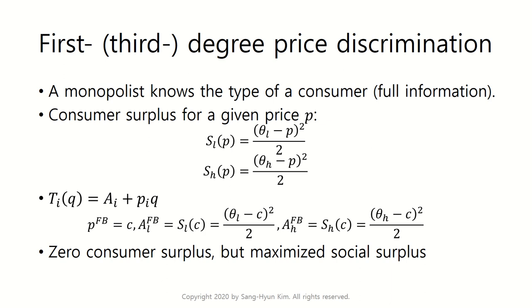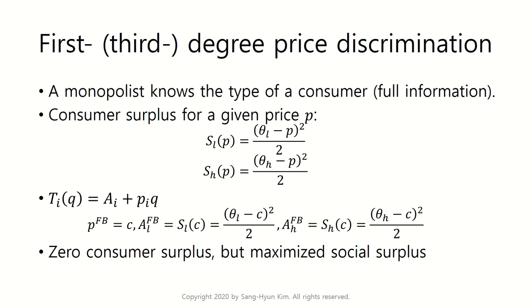As you can see in the next line, it is optimal to set the marginal price P equal to C. What is C? C is the marginal cost. So you set the marginal price equal to marginal cost, and that's how you maximize the surplus generated in this deal.